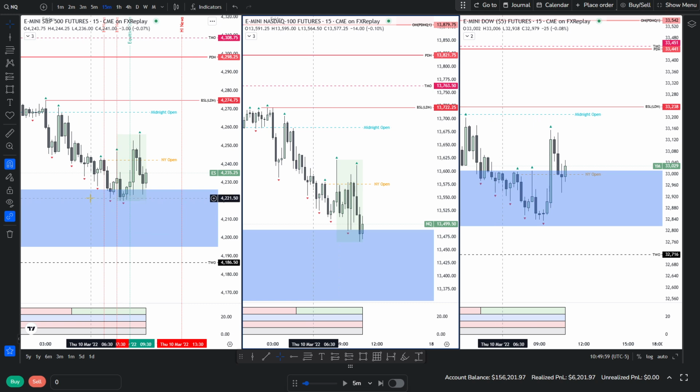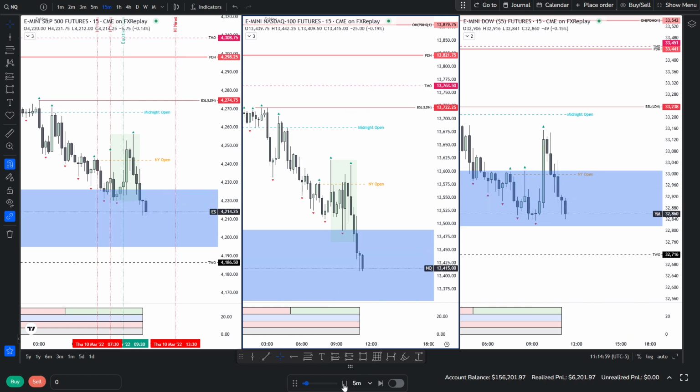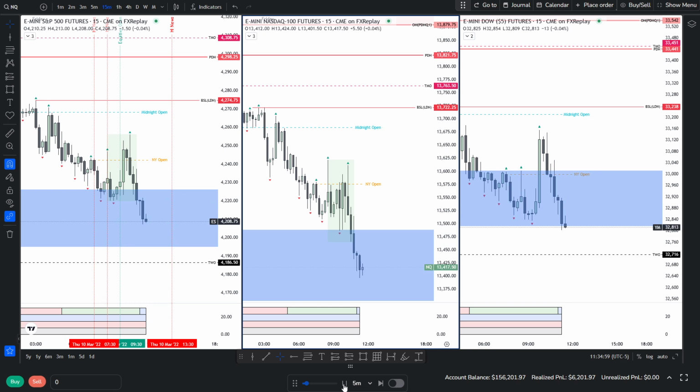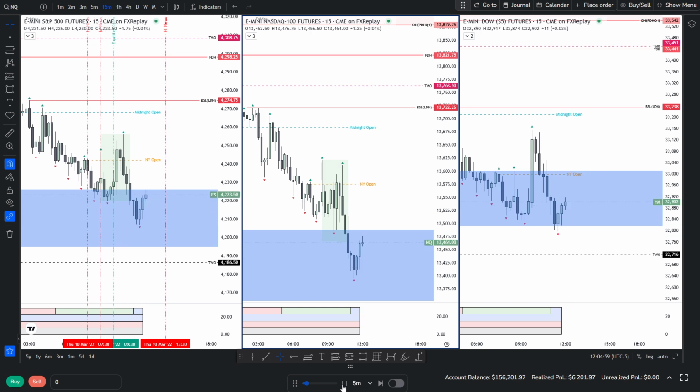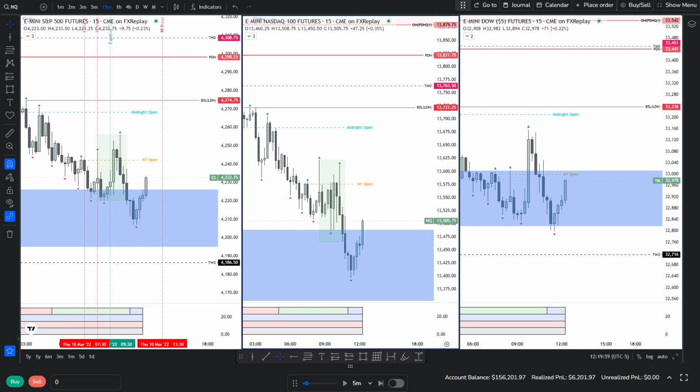Market traded lower, created newer lows. This breaker. Okay, let's see what we got. Looks like lower prices. Does it want to trade through? Hold on, what is this?